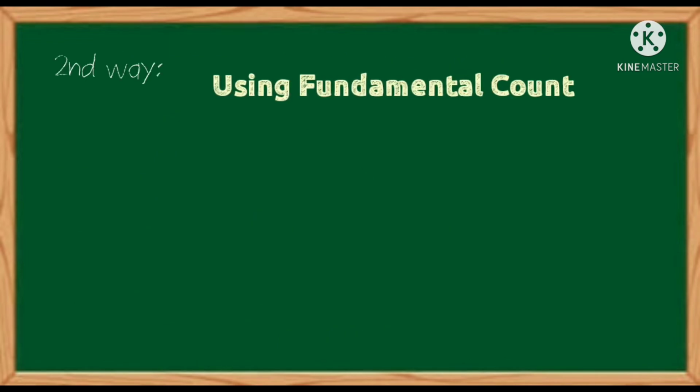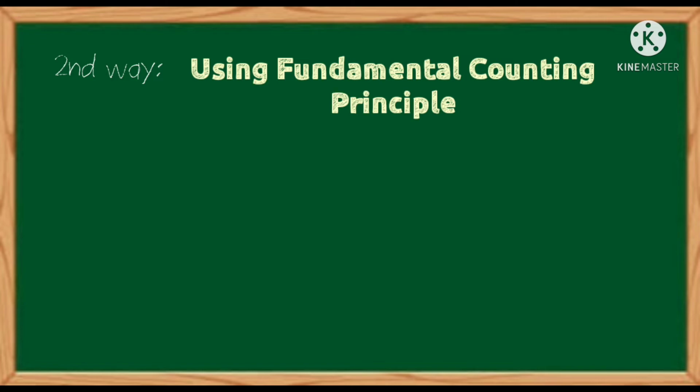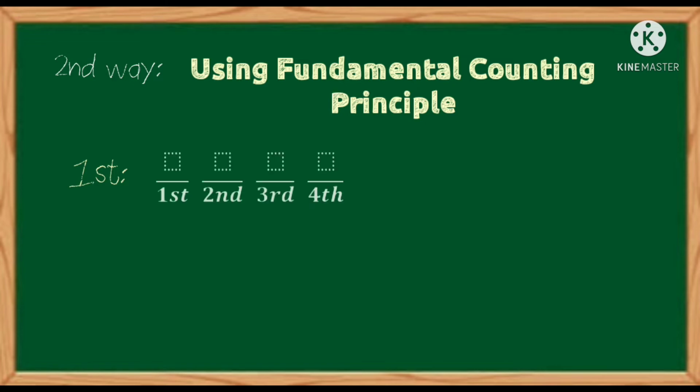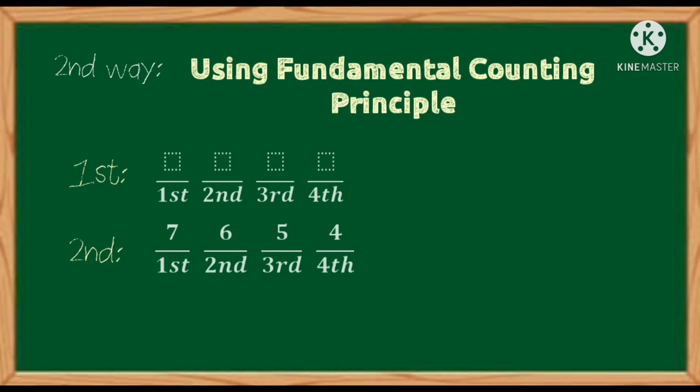Now, let's have our second way using the fundamental counting principle or the FCP. Let's apply the steps of the FCP to find the number of permutations. So first, let's determine the number of decisions. In the given problem, there are 4 decisions or positions to be filled in. Second, for each decision, let's determine the number of options. So for the first decision, there are 7 options.